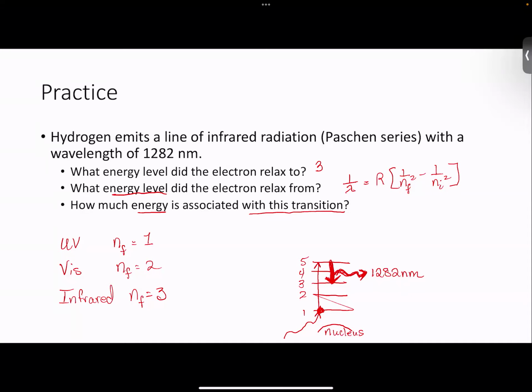We're looking at the energy being generated and given off by the electron relaxing. If I would have been talking about the absorption of the electron, now this energy would have been positive because the electron itself, which is our system, is absorbing the energy. But because I was specifically talking about this one, energy is negative.